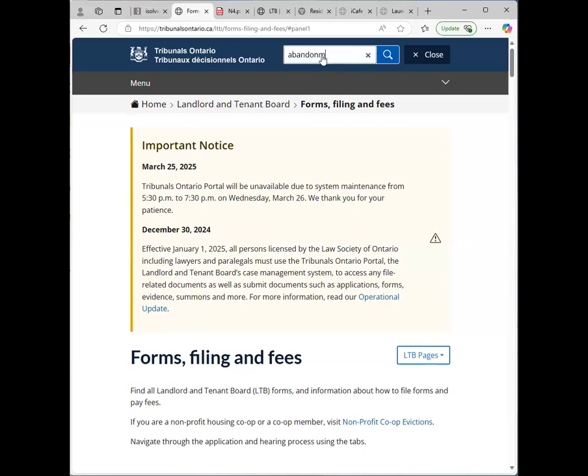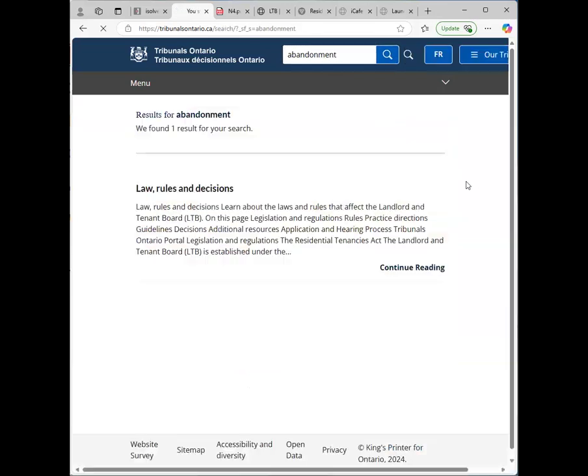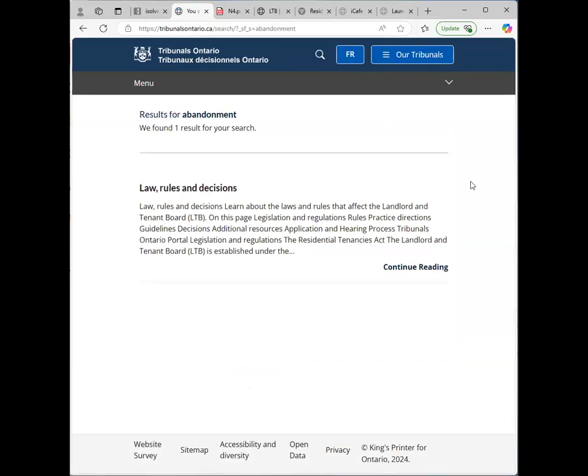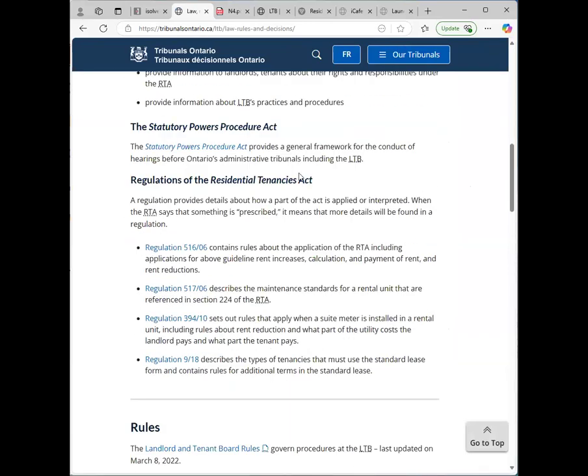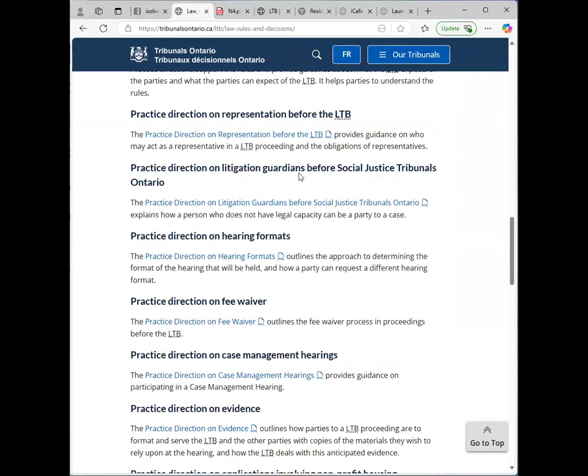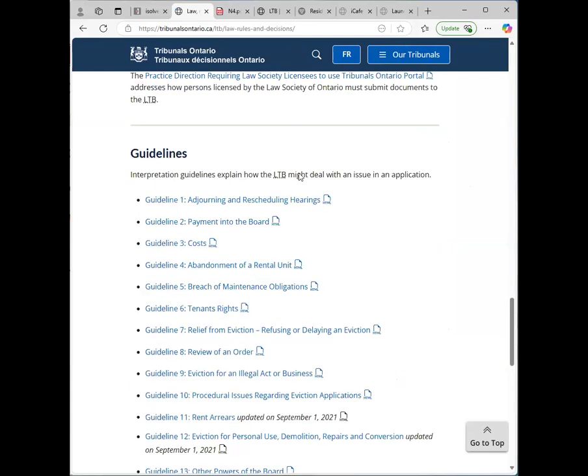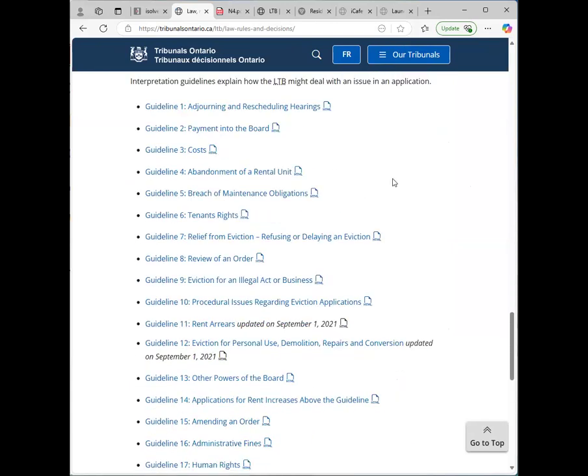I'm just typing abandonment in the Tribunals Ontario search field. Let's see what comes up. Abandonment. Laws, rules, and decision. Let's see what comes up here. Tenants' rights.